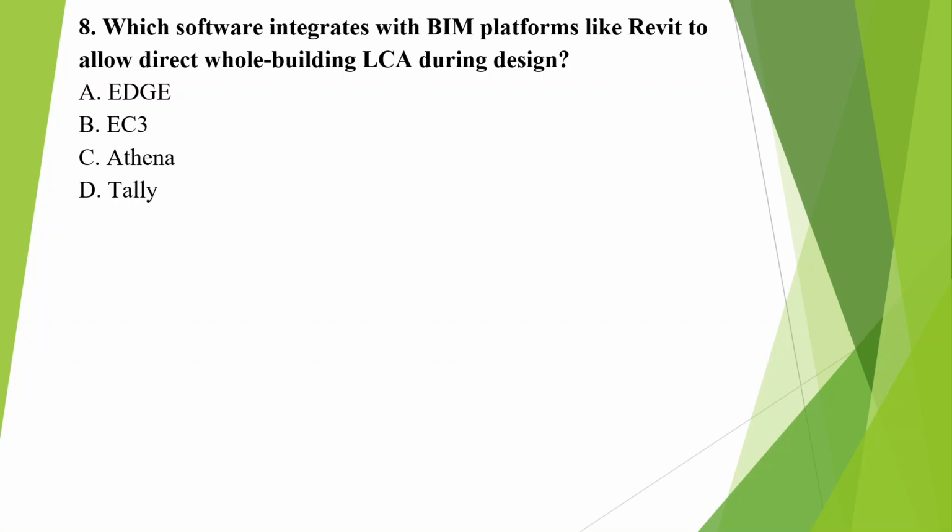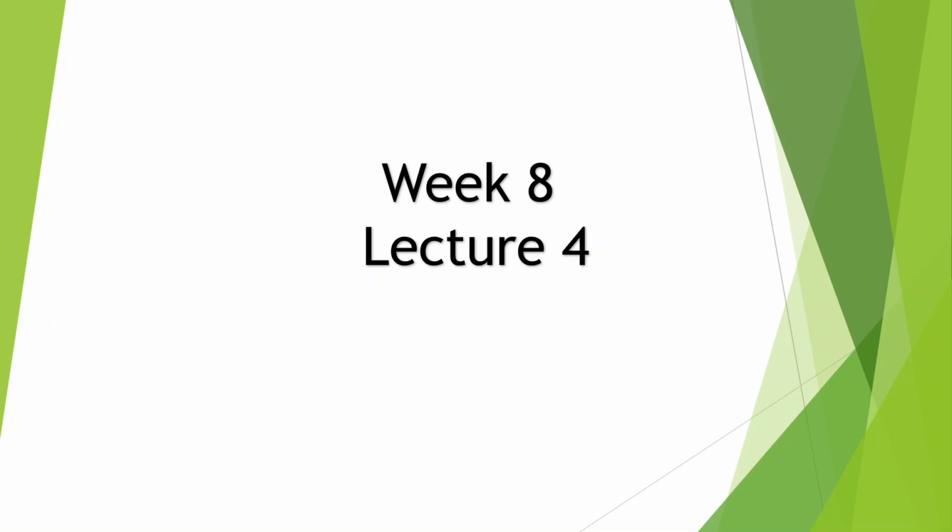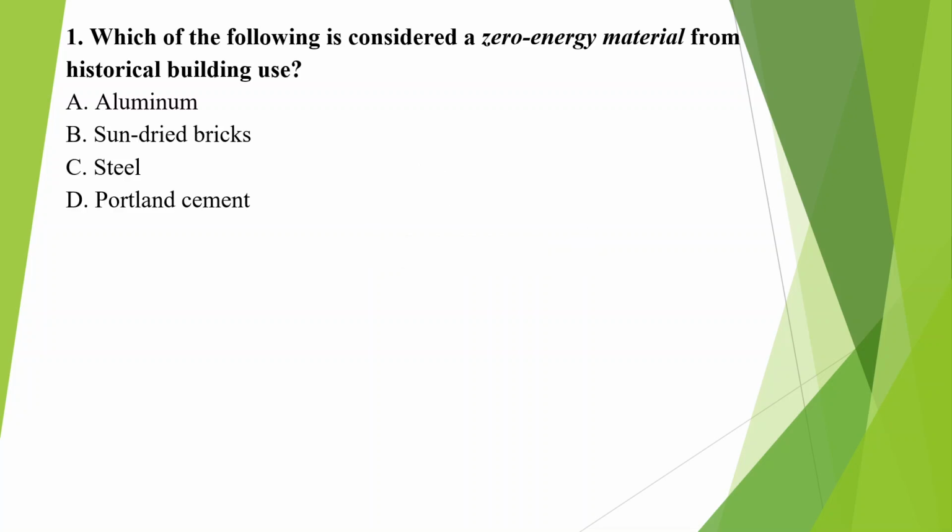So up to lecture 3 we have discussed several problems. Now we will be moving towards some of the sample problem questions that can be asked from lecture 4. So here is the first question for you all. The first question is asking you which of the following is considered a zero energy material in historical building use.